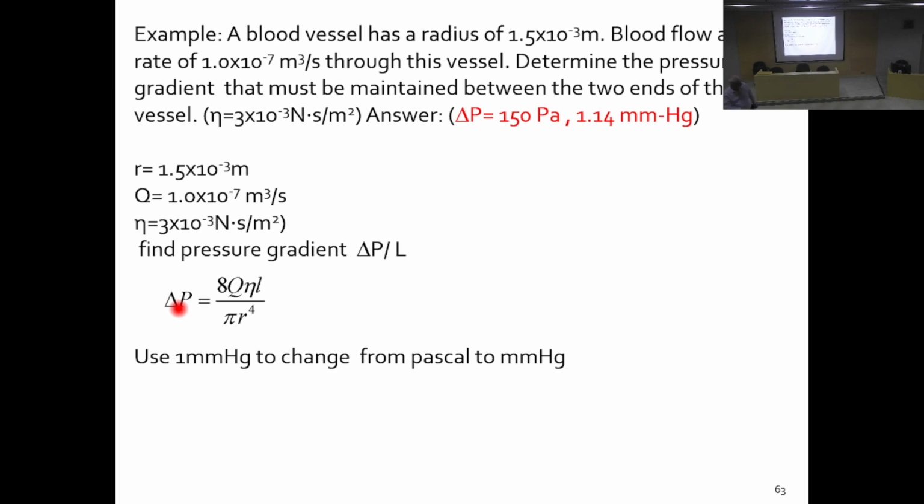If you don't forget that, and you have a pressure coming out, the pressure in pascals is equal to rho g h, where rho is the density of mercury, which is 13 something, and g is 9.8. H is what we're looking for, and we find H and say it's that many millimeters of mercury.